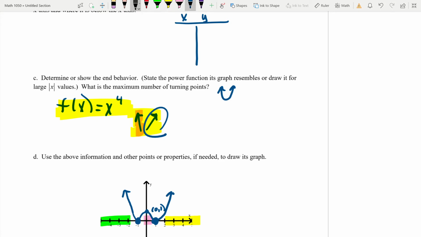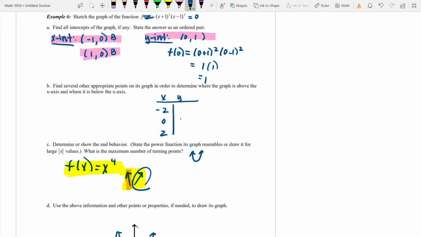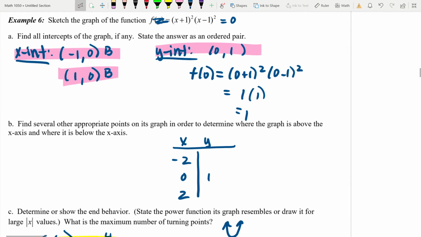You guys just be easy on yourself. Just choose the next one, -2. In the center, 0. On the right, 2. You can choose whatever you want, but why would you choose something crazy, right? We already know from the y-intercept that if x is 0, y is 1, so I'm going to fill that in. Okay, let's do the -2.